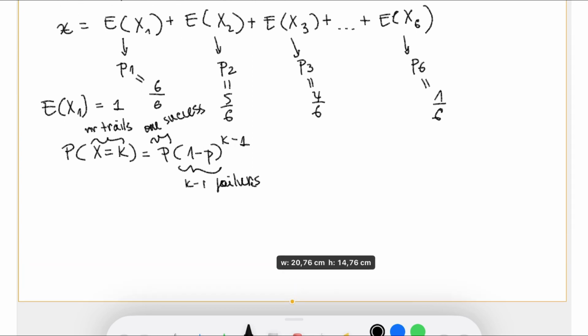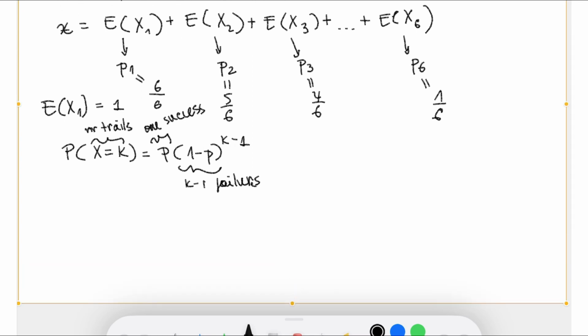And the expected value of such a distribution is nothing more than the weighted sum, or the mean. So what can the expected value be? It can be 1 times the probability of k equals 1.